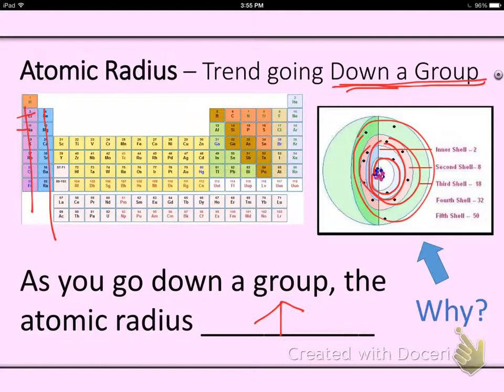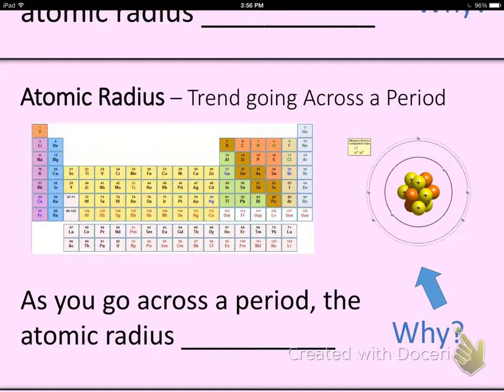The trend across a period is a little bit less intuitive until you start to think about it. As I go across, let's say from sodium to magnesium to aluminum all the way through, at the same time that I add an electron on the outside, I'm also adding another proton. As I go from nitrogen to oxygen, I'm adding another plus.